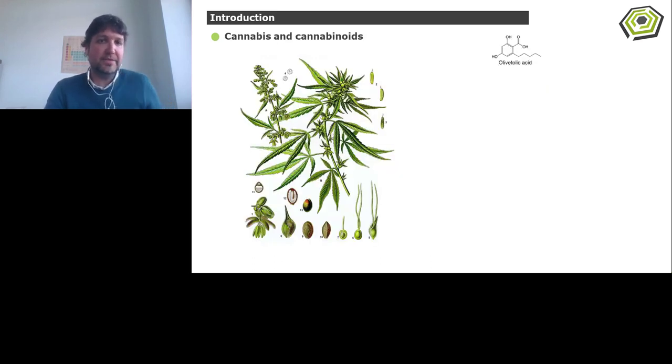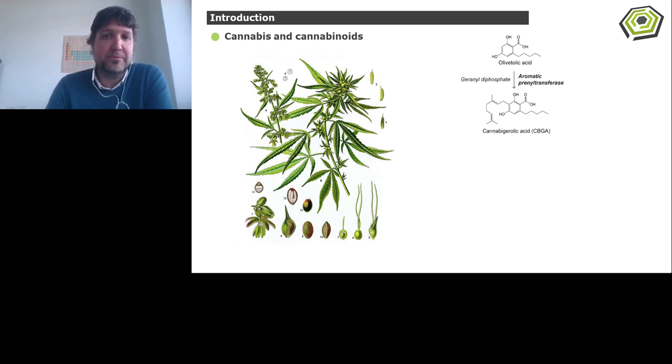So basically, cannabis and cannabinoids. Cannabinoids are a family of molecules that exist in the plant Cannabis sativa and are exclusive to this plant. Normally, the cannabinoids are synthesized in the flower or in the trichomes of the flowers and bracts.